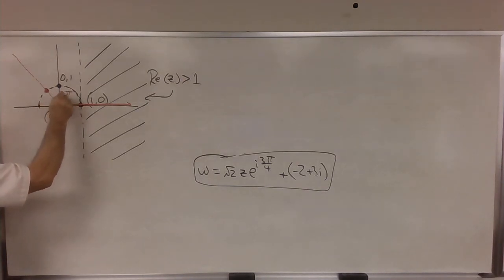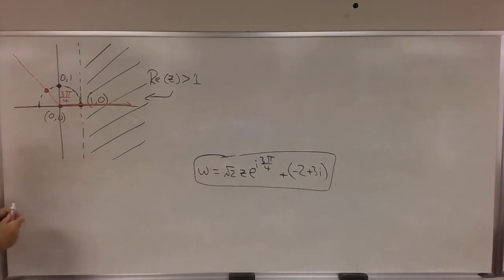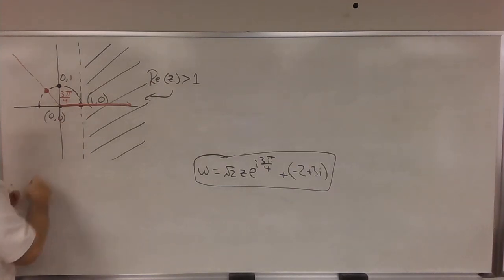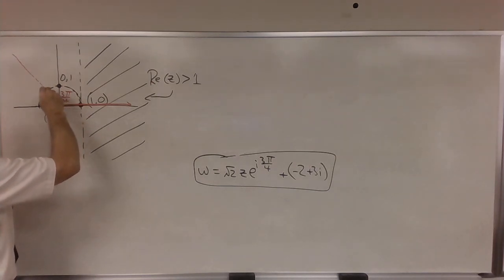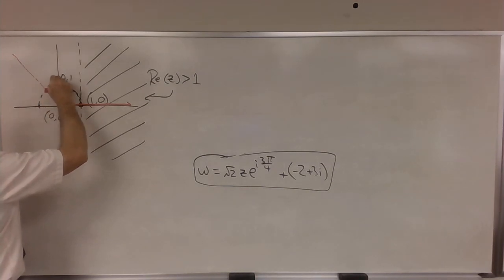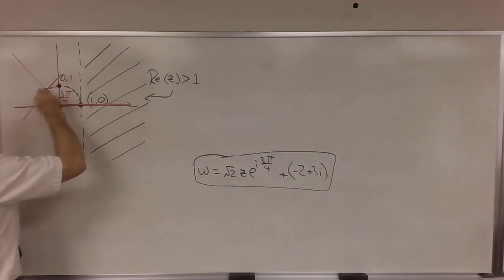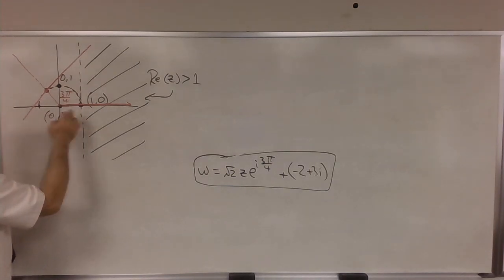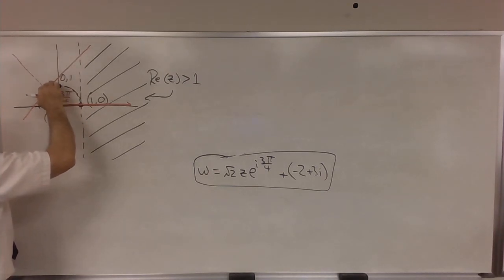Three pi over 4. And notice that this line, perpendicular to the ray, is going to be rotated until it becomes this line.